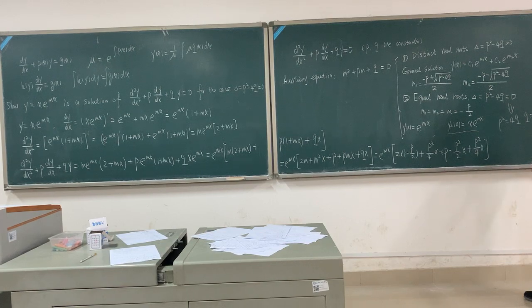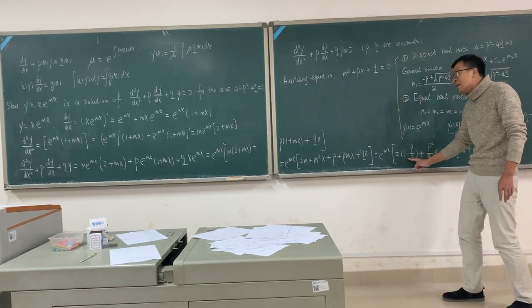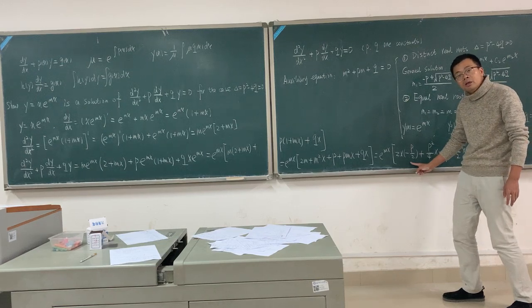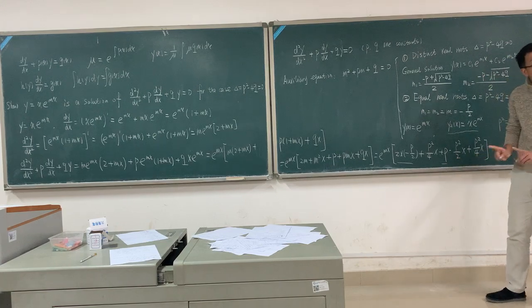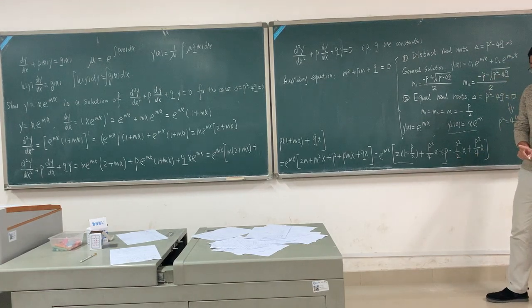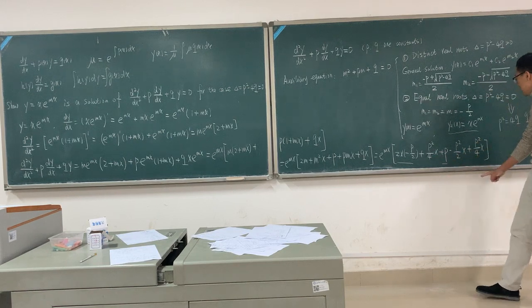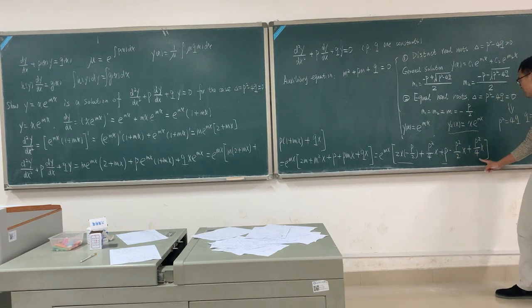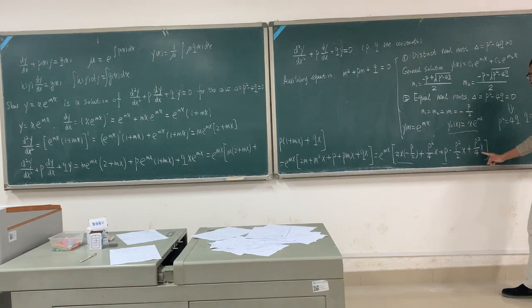So now we can see here 2 times minus p by 2 actually is minus p. Here is minus p, here is p, so these two terms cancel. And here is p square by 4x, p square by 4x, p square by 4x.